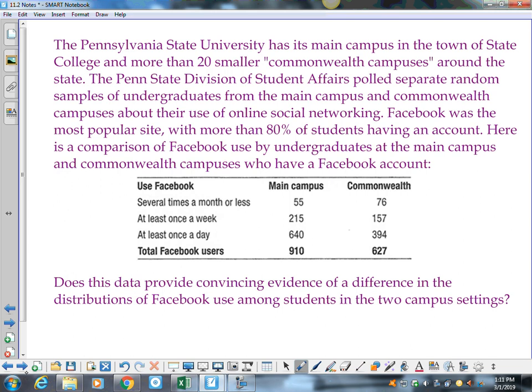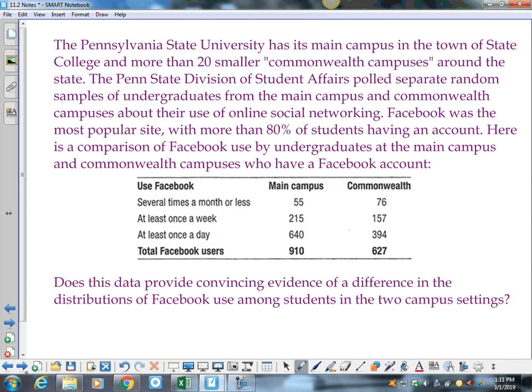Okay, here we go. The Pennsylvania State University has its main campus in the town of State College and more than 20 smaller Commonwealth campuses around the state. Does that remind you of the UNC system? No? So what's the UNC mothership school? Chapel Hill.